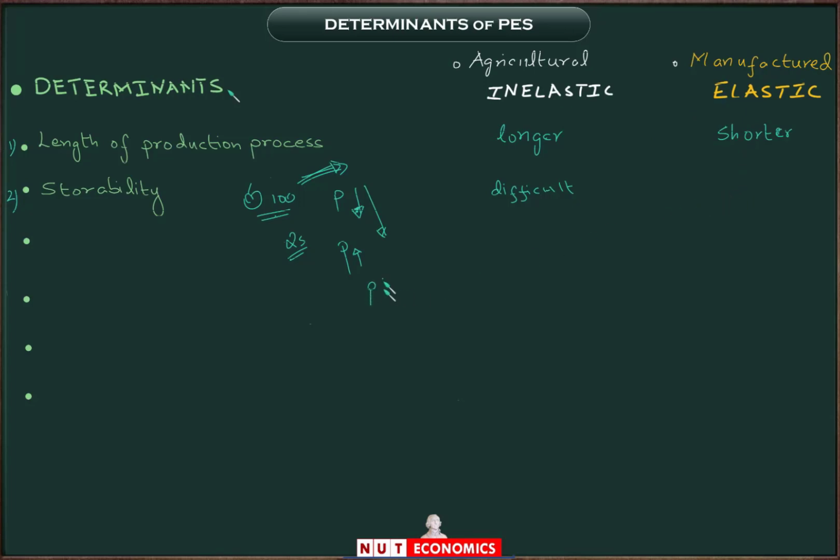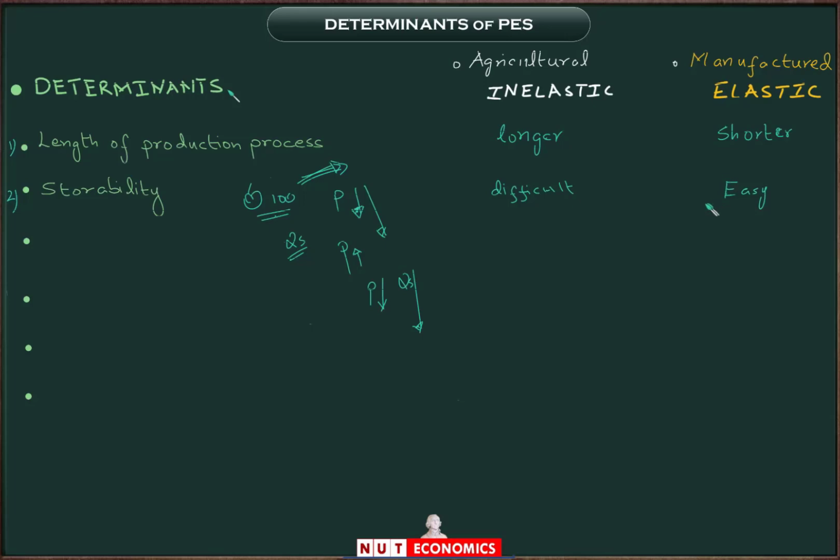If the price of clothes suddenly falls, then as a producer, you can just take them off the shelves and keep them in the store. They won't rot. You don't need any specialist storage facilities. You can just throw them in any empty room. And therefore, if the price of manufactured goods falls and it is very easy to store these goods, you can respond by reducing the quantity supplied a lot.